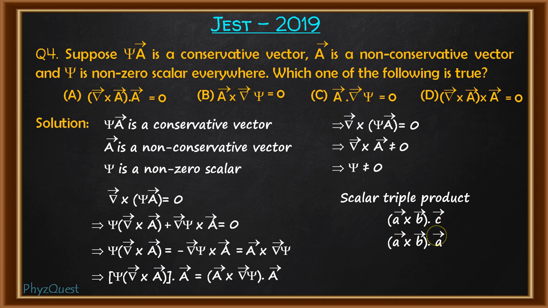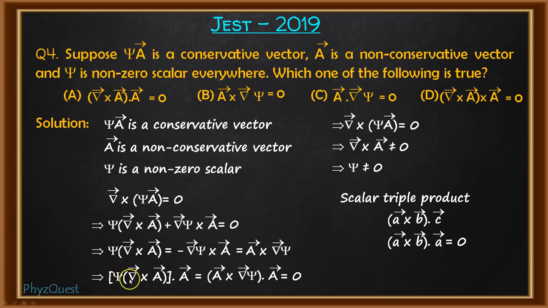If any of them is repeated, the scalar triple product goes to 0. Here the right hand side is very similar to the scalar triple product. So here vector A is repeated, which means this term will go to 0.